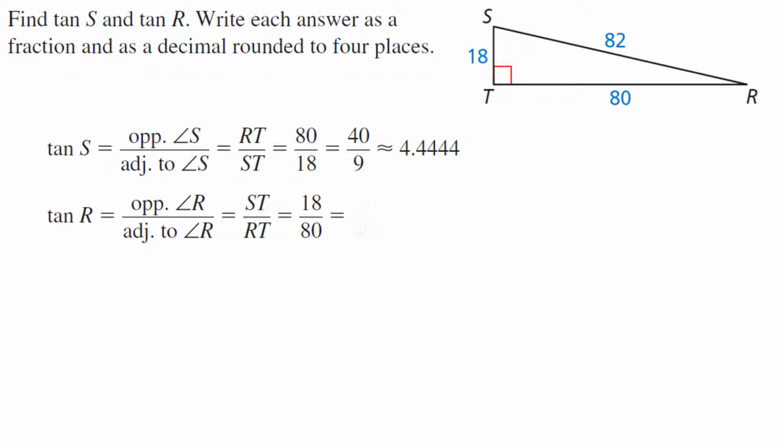Again, reduce the fraction if possible. And then since the directions ask for decimal, 9 divided by 40 comes out to be exactly 0.225. But since the directions wanted 4 places, I put a 0 after the 5.